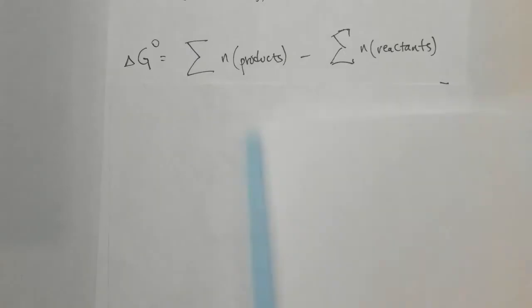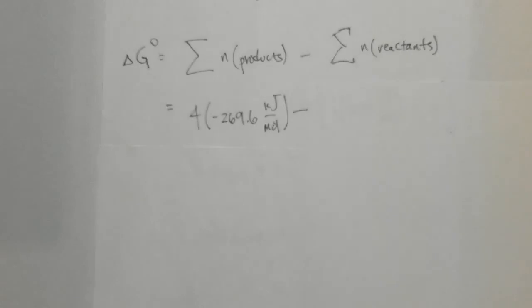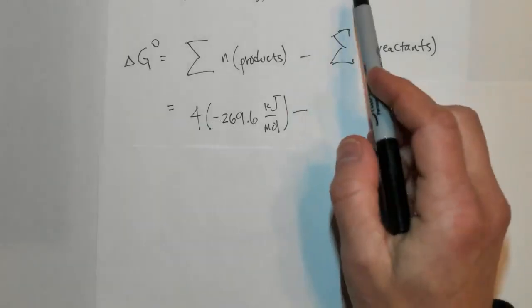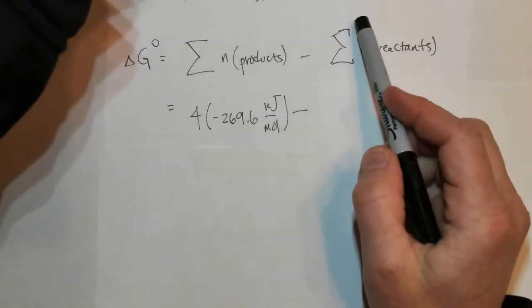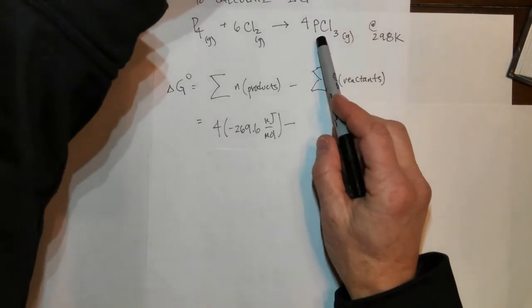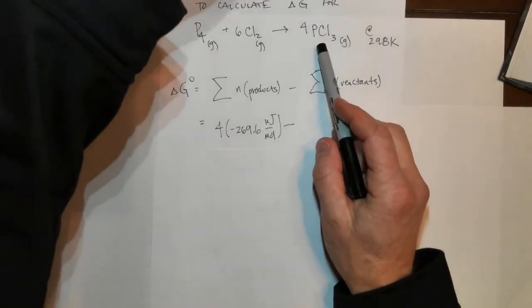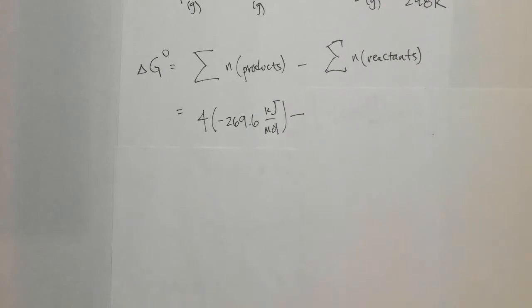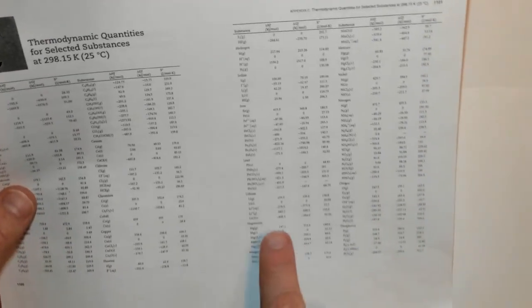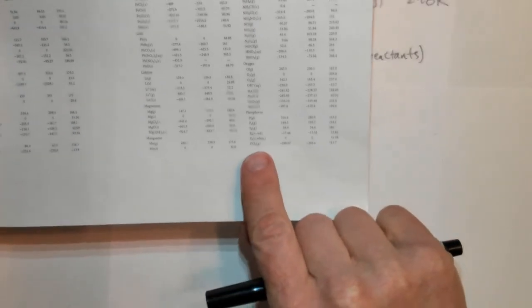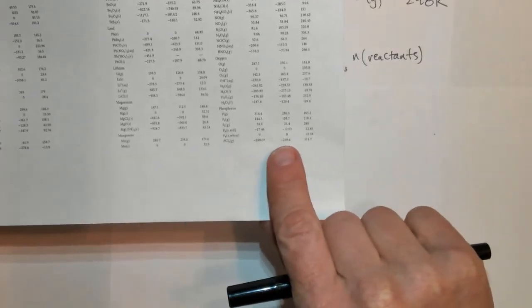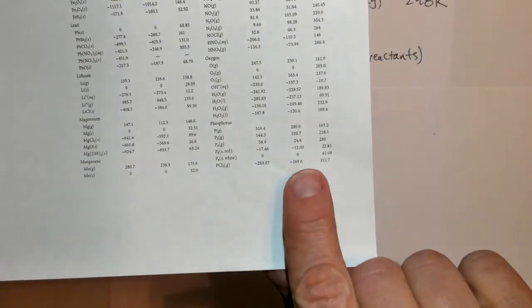The first one is the product PCl3. PCl3, we'd multiply by 4 because there's a 4 in the balanced chemical equation. You can see the 4 right here. And it's negative 296.6. I look it up on here where there's phosphorus, and right down here it's PCl3, and it's negative 296.6.